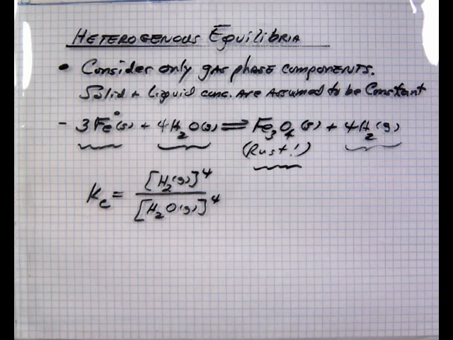I'm not going to try to dig up a problem. I'm going to show you how to set these up. And if any heterogeneous problems pop up, just extract the concentrations in moles per liter, plug them into the expression you derive, which you should be able to do now, and pick out your answer.